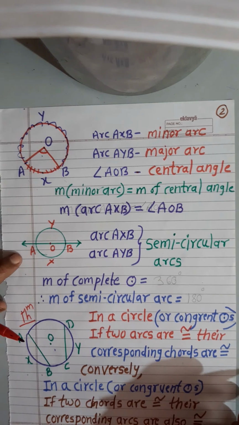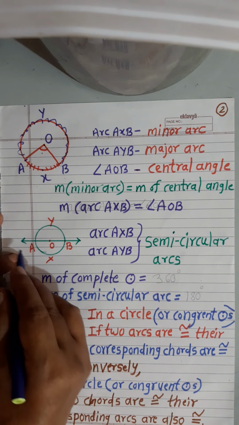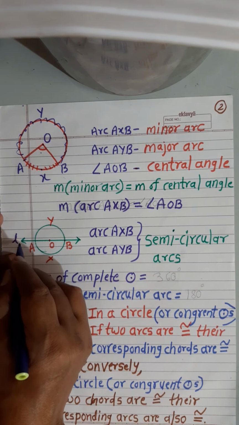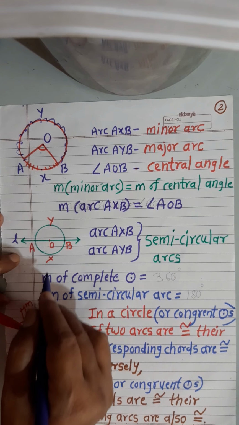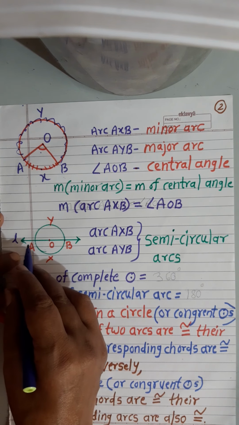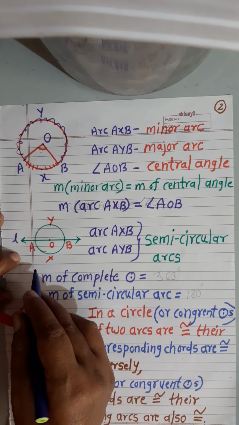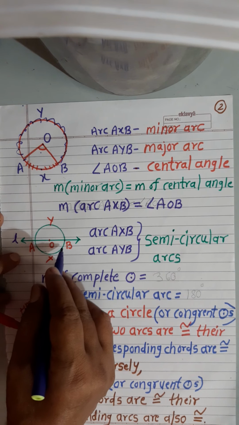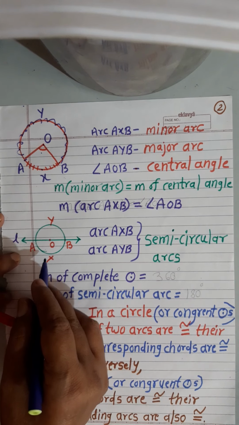Now see this second figure. Suppose this is line L, it is the secant, it touches the circle in 2 points A and B, therefore we call it a secant. Now see, this line L passes through the center of the circle. Therefore arc AXB and arc AYB are of equal measures.